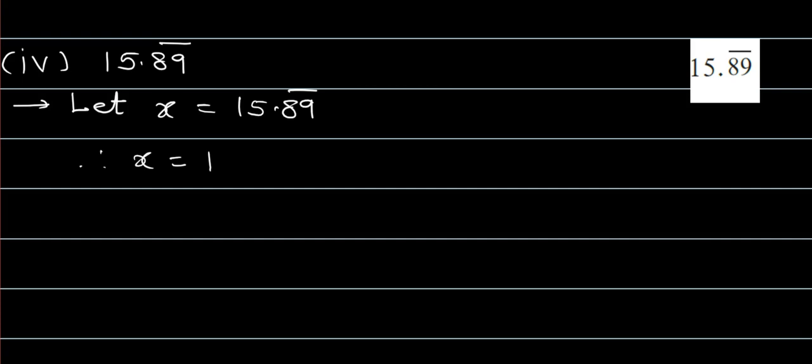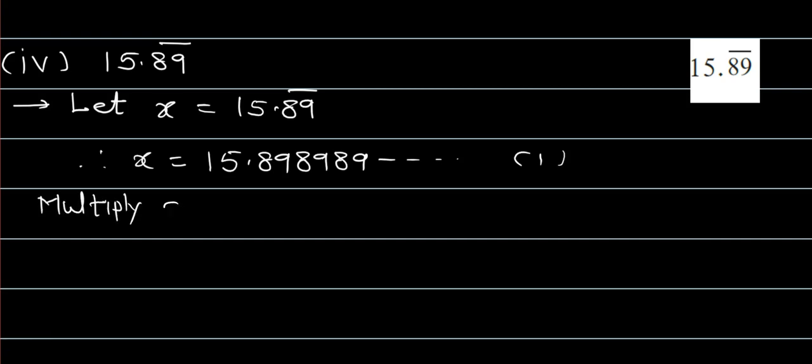Next, 15.89 recurring. Therefore x equals 15.89 recurring. This is equation number 1. Multiply on both sides by 100 because two digits are repeated.